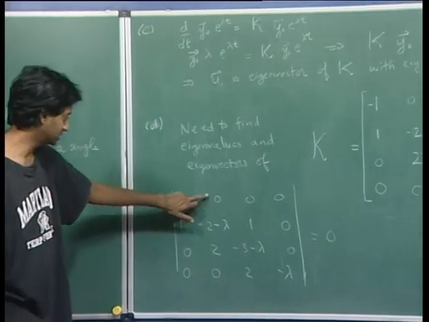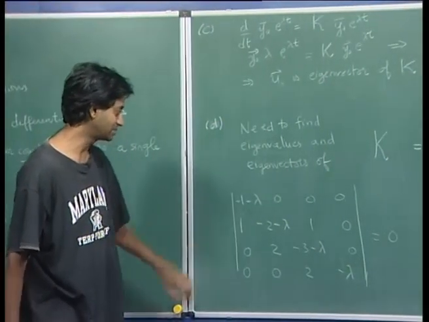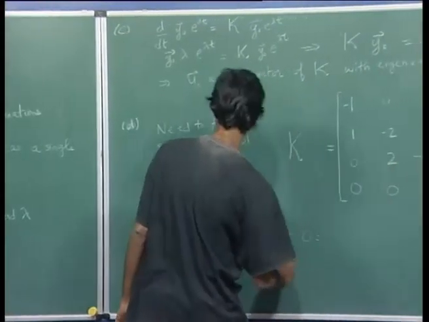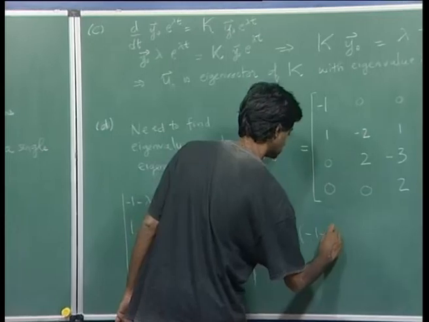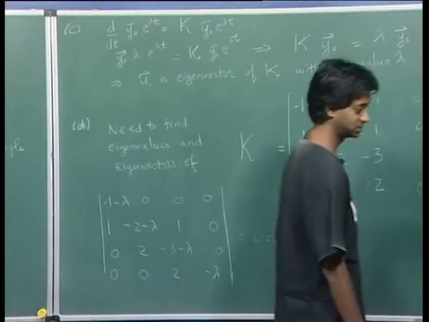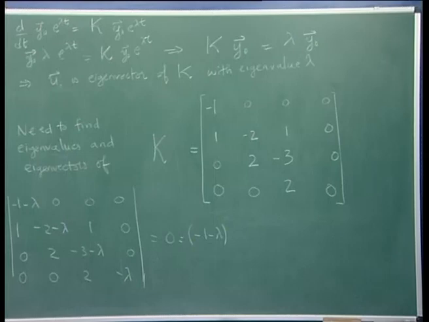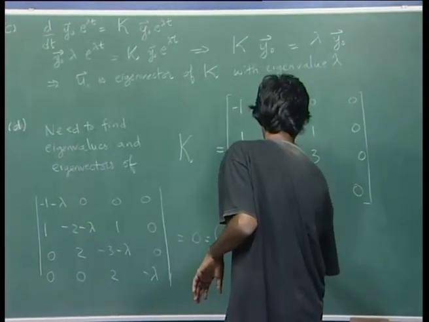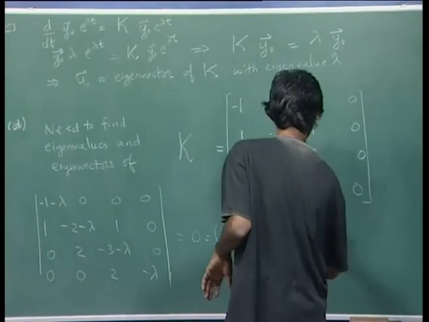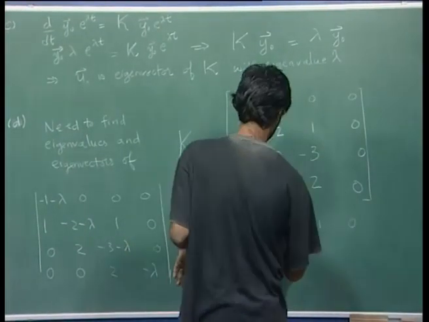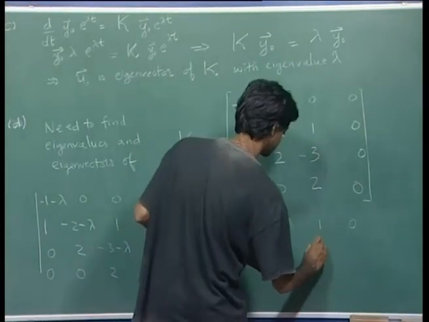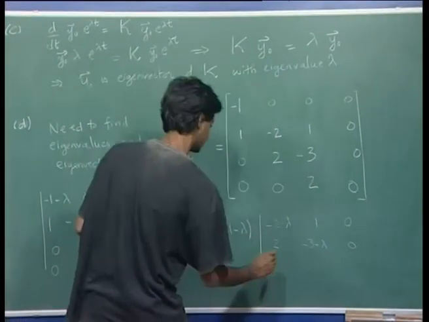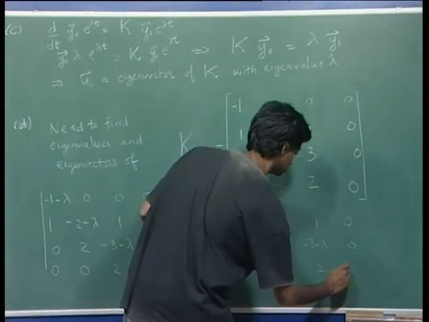First of all, we notice that this minus 1 minus lambda factors out. Okay, so this is equal to minus 1 minus lambda times this smaller determinant, that is minus 2 minus lambda 1 0, 2 minus 3 minus lambda 0, and 0 2 minus lambda.